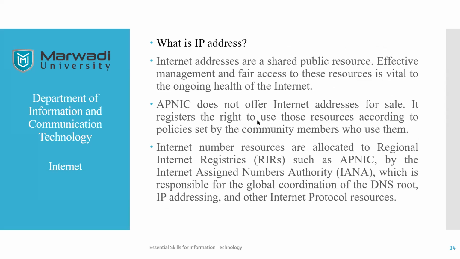Then, IP addresses are shared public resources. Effective management and fair access to these resources is vital to the ongoing health of the internet. So whenever you are browsing the internet, it must require an IP address.